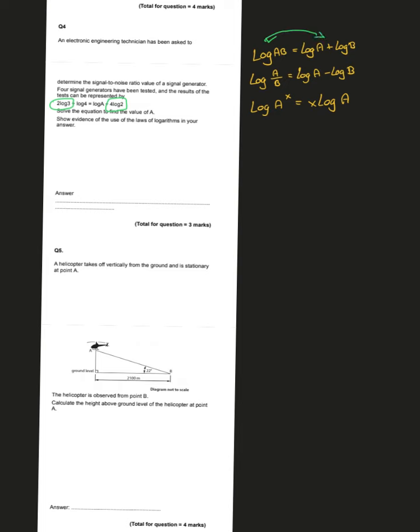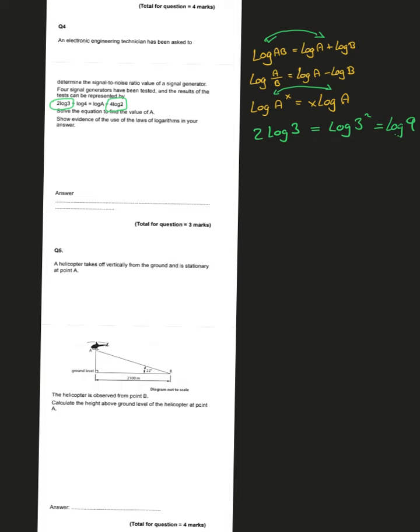So I have x log A here, and that is the same as log A to the power x. So I'll keep it in my green pen. So my 2 log 3 becomes log 3 squared, which is equal to log 9.